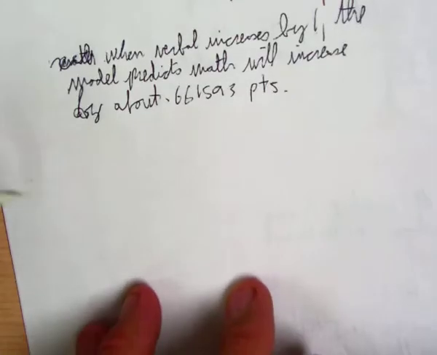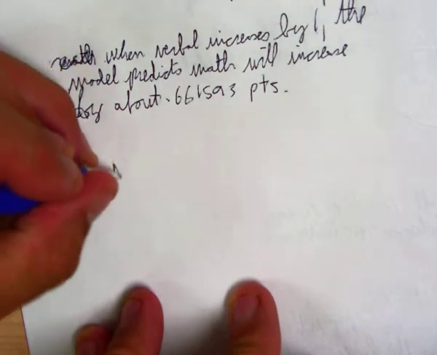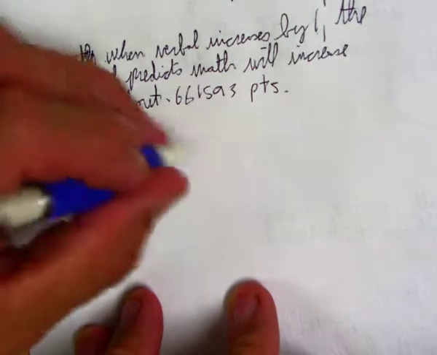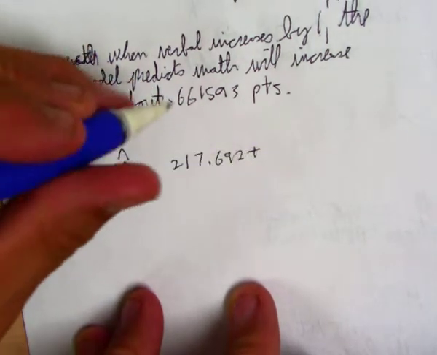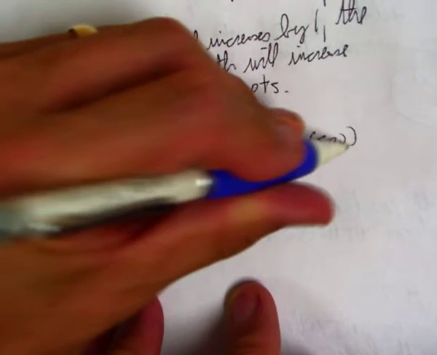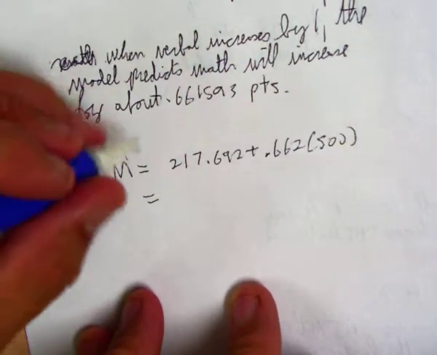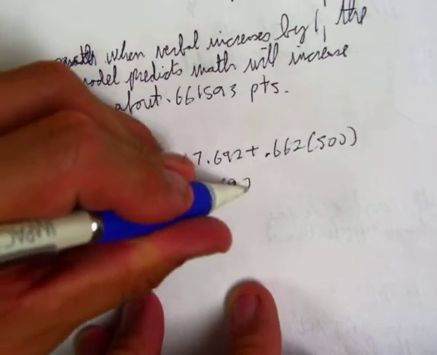And then F, we got to put the 500 in. So predicted math is going to equal 217.692 plus 0.662 times 500, and that comes out to about 548.692.